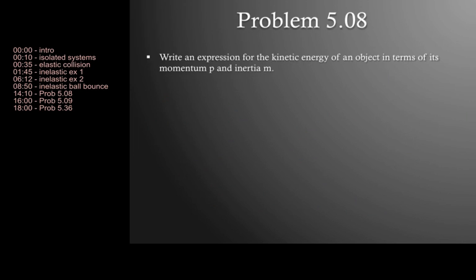In problem 5.8, we're asked to find an expression for the kinetic energy in terms of momentum and mass. So if we go back to kinetic energy, that's 1/2 mv squared, but now we want K to be some function of momentum, p.